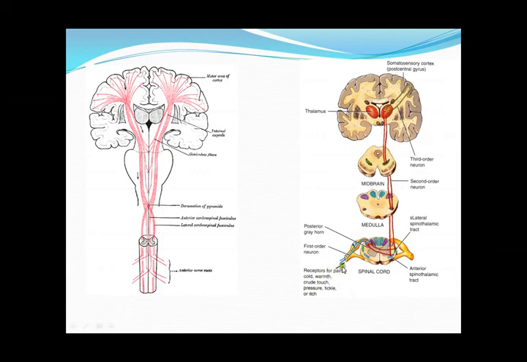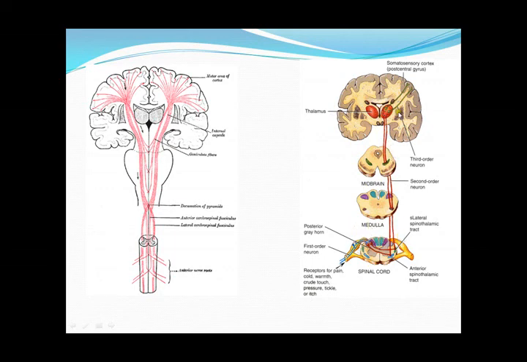So the first neuron starts from the tissue toward the spinal cord, from the spinal cord towards the thalamus, and from the thalamus towards the sensory areas. Some of the fibers are crossing like that for pain and temperature, while those fibers which are for vibration come in the dorsal column, and they are not crossing in the spinal cord.